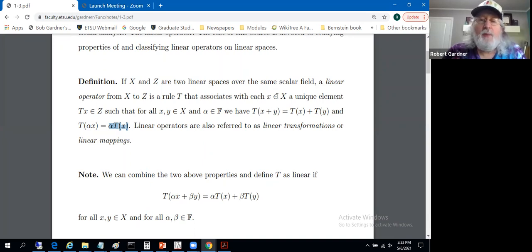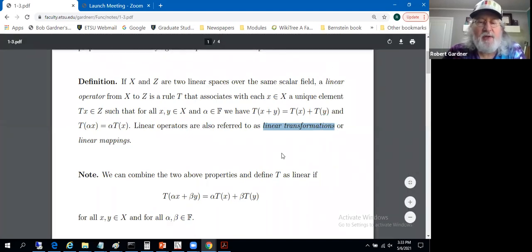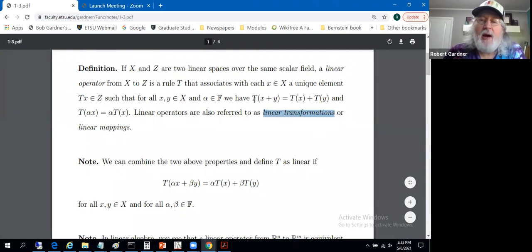So we've formally defined these as linear operators. They're also called linear transformations. I'll probably use that term again and again. That's what they're usually called in sophomore linear algebra, or maybe linear mappings. Linear operators, linear transformations, I'll stick mostly with that terminology. And yes, if we combine these two properties, transformation of the sum is the sum of the transformations and the interaction with scalar multiplication.